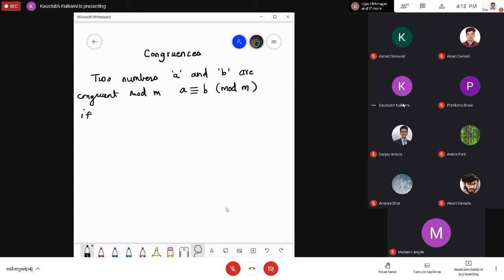if, so this is the definition, you can say A is congruent to B mod m if A minus B is a multiple of m.